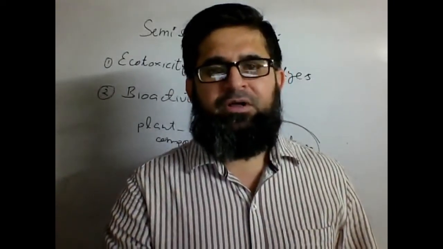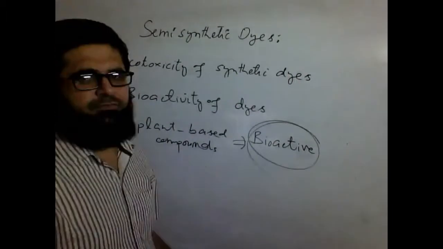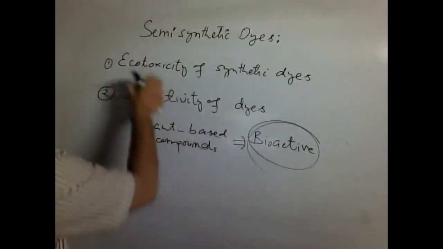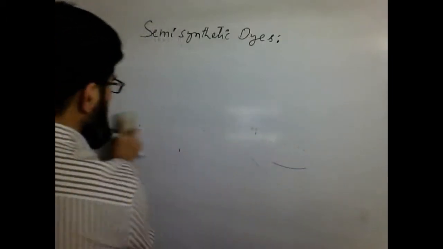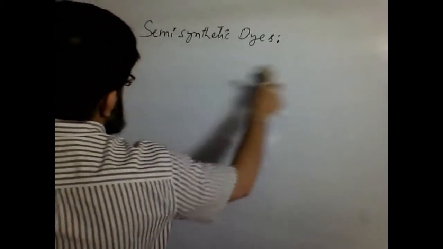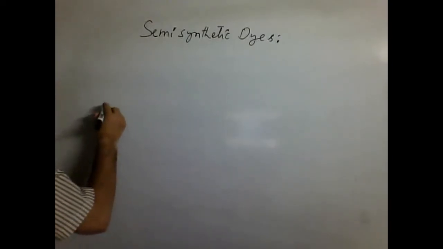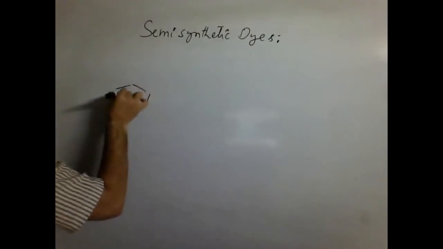So let me discuss a few simpler examples where people have taken a compound from plants and used them for the preparation of dyes. This is the example of one of the molecules.